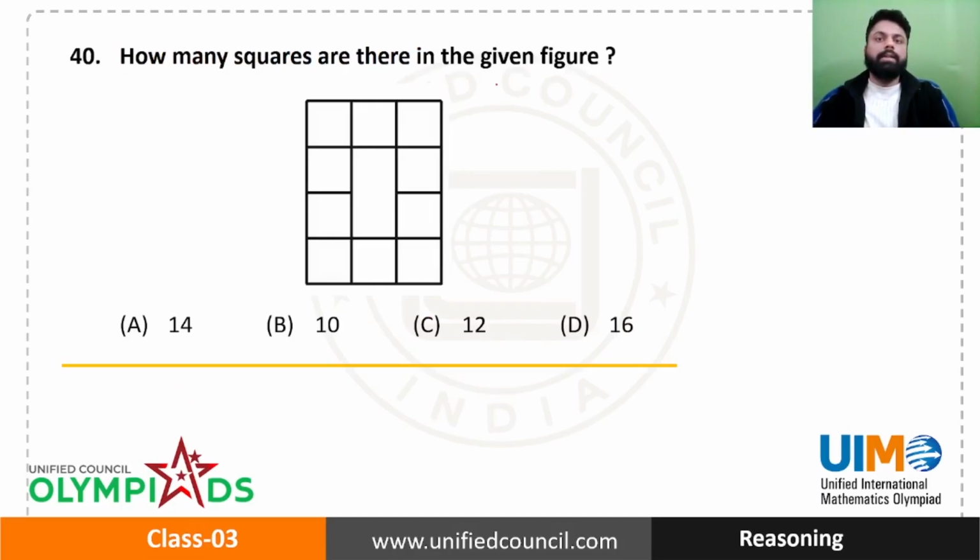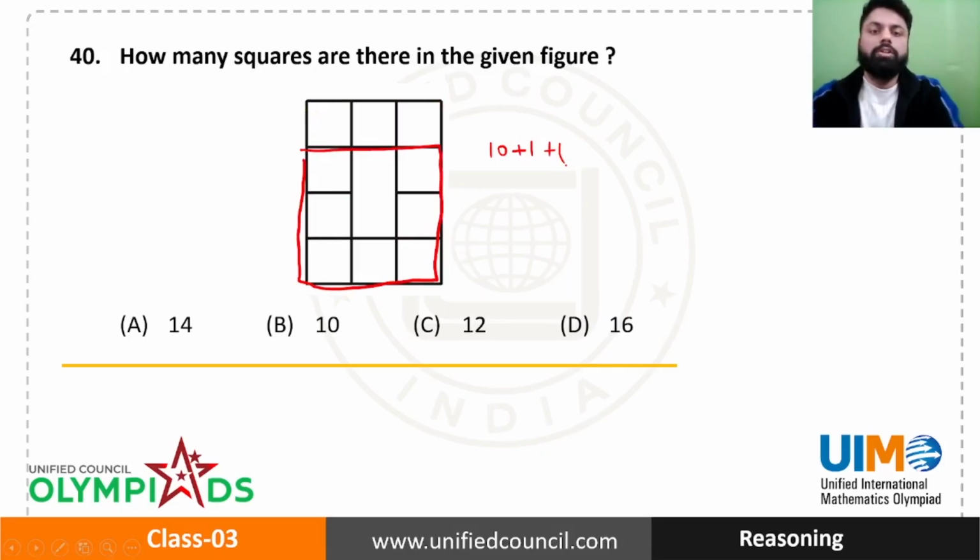How many squares are there in the given figure? 1, 2, 3, 4, 5, 6, 7, 8, 9, 10. This is how the squares are in this part. Then one square is here, then one square is here, plus 1.